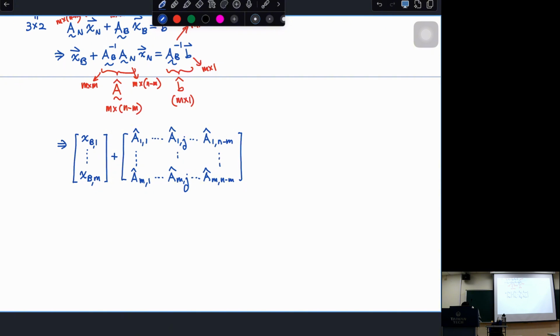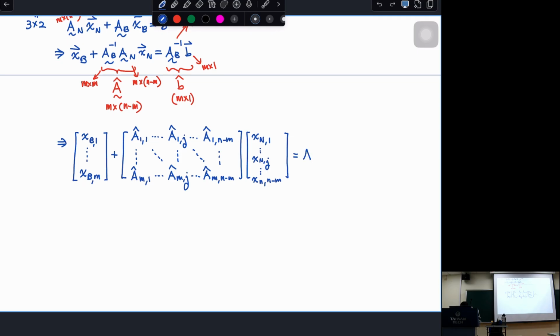Okay, and for the coefficient xn 1, xn j, xn n minus m. Okay, and on the right hand side, we just write b hat 1 to b hat m, because we know it's m by 1.